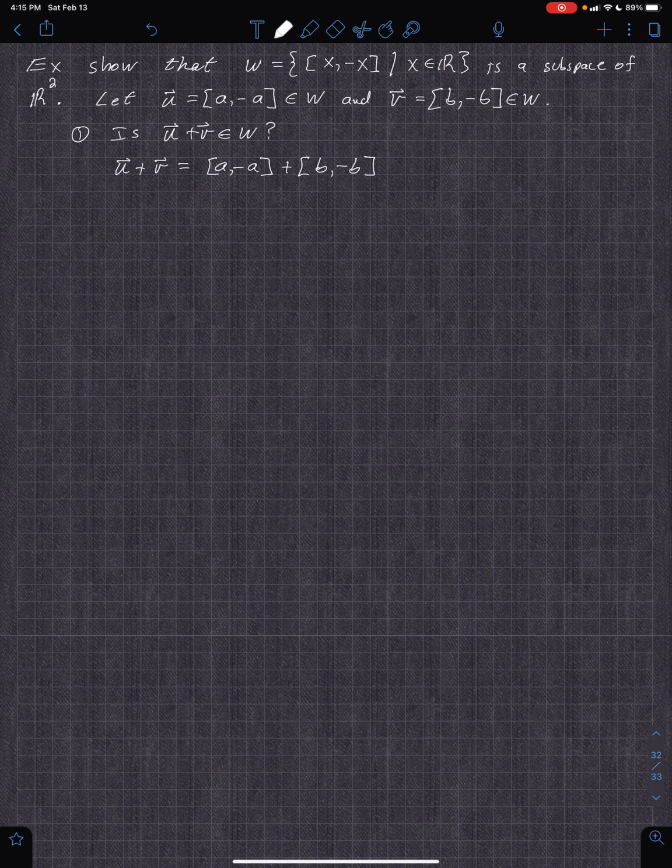So you have to manipulate this a bit. So that's equal to, let's just go down, I think I've got space. You say that's equal to, and now add them up. That's a plus b, and then negative a minus b, or plus negative b, to be even more precise, plus your negative b.